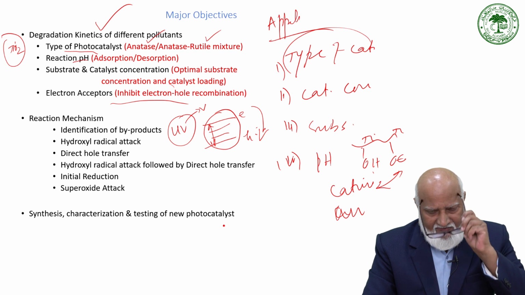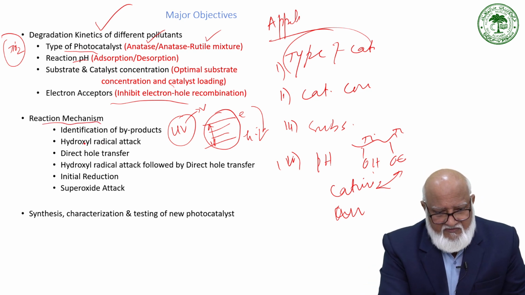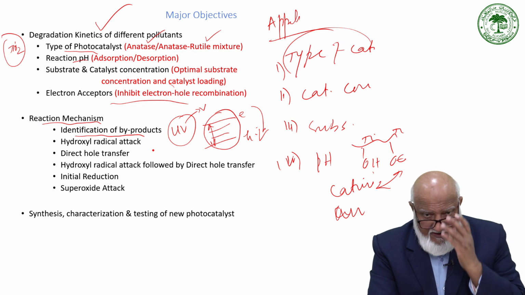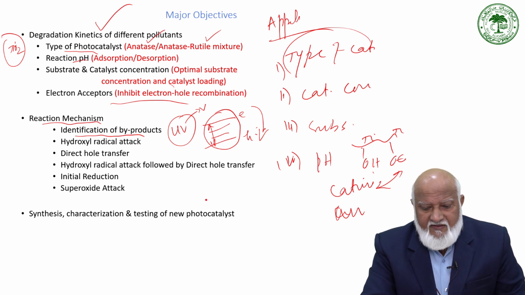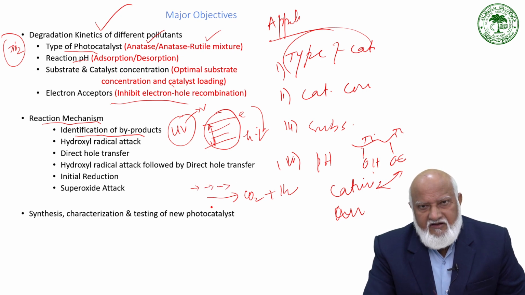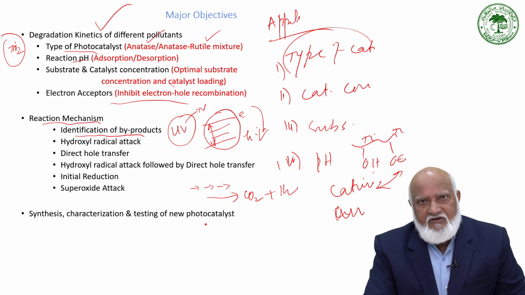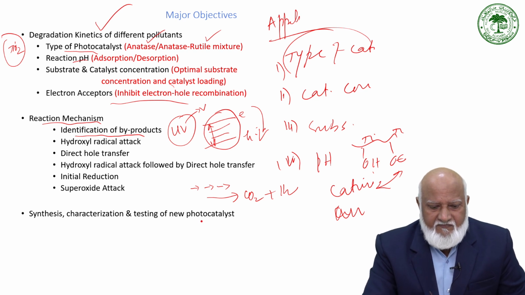And then the main aspect is the mechanism, because identification of byproducts is very important when we start with the degradation of an organic compound, because a big dye molecule cannot go to carbon dioxide plus water directly, but it goes via different intermediates. And identification of these intermediates is important in order to understand the mechanism involved in these reactions.